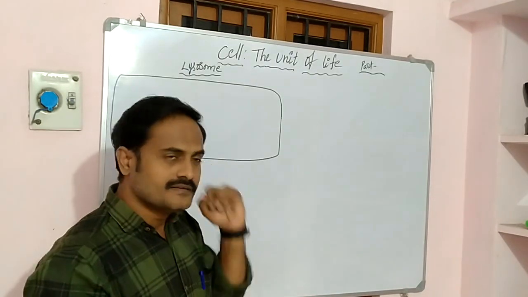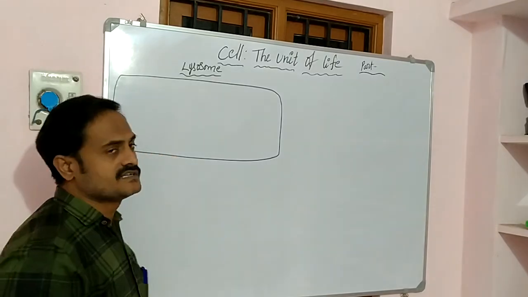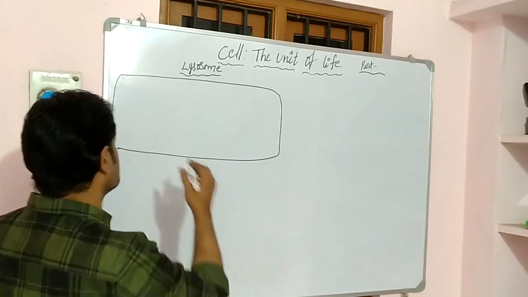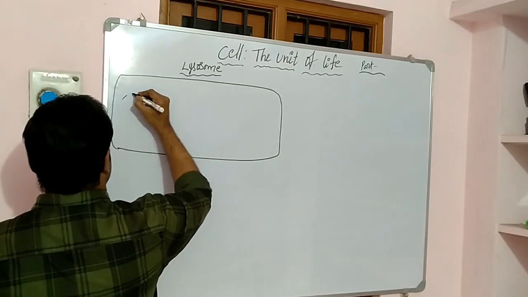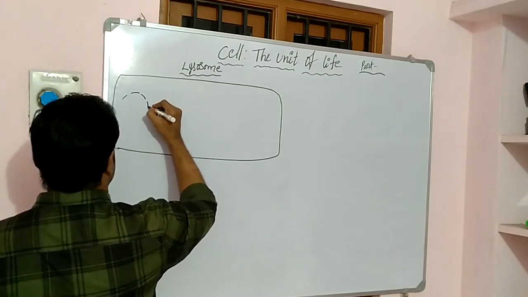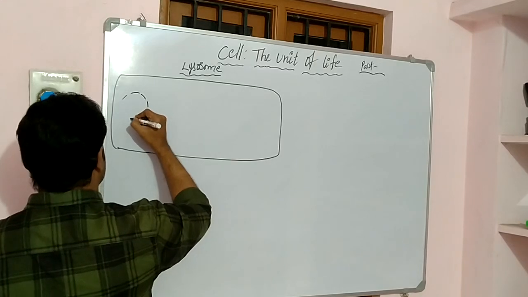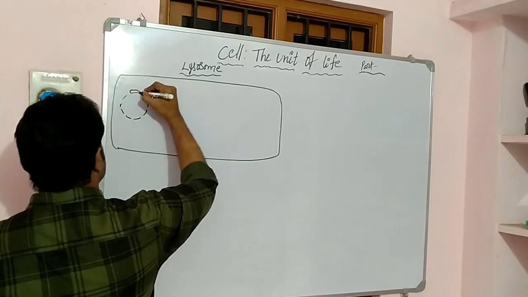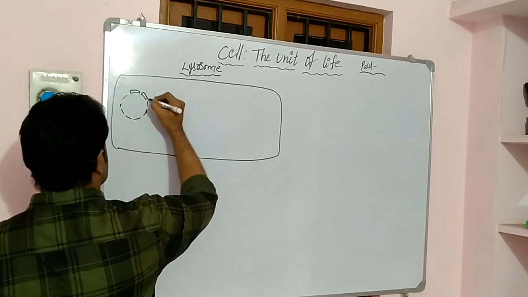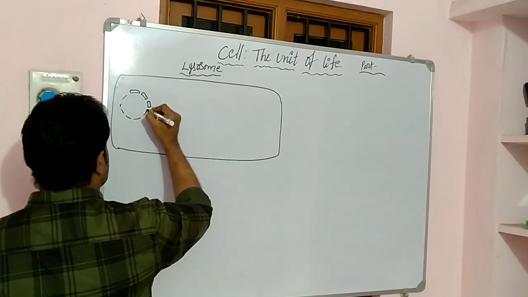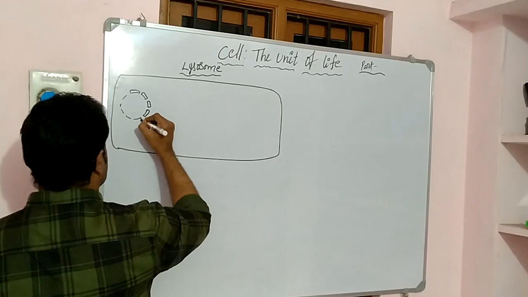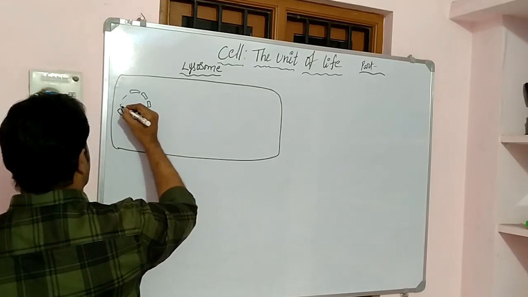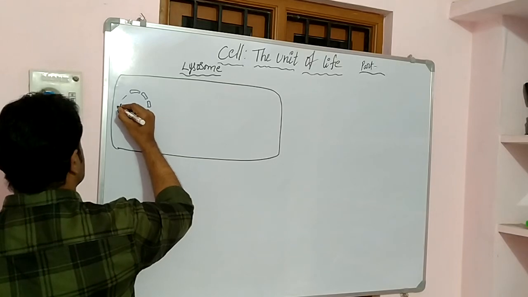Already you know very well what the important cell organelle present in the eukaryotic cell is: the nucleus. How does it look? It looks like a spherical structure, a double membranous spherical structure which is present in the cytoplasm of the cell.